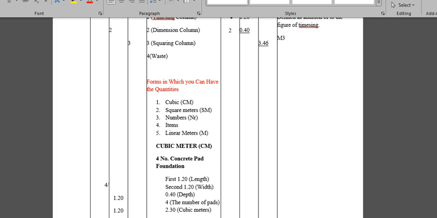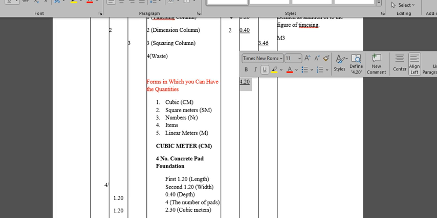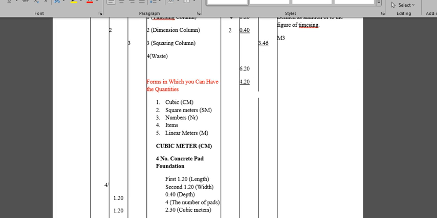For instance, you have the length as 6 meters, say 6.2, and then the width is, for instance, 4.20. You don't have a depth because in this case you are targeting to get the square meters of that particular work.